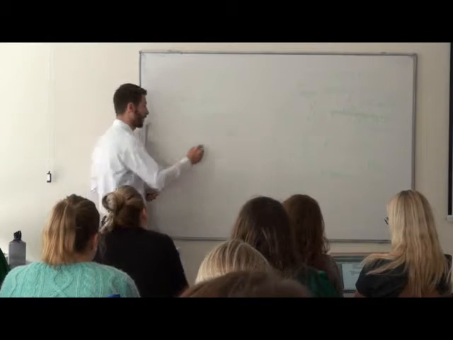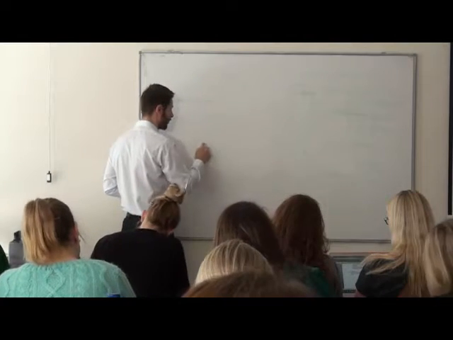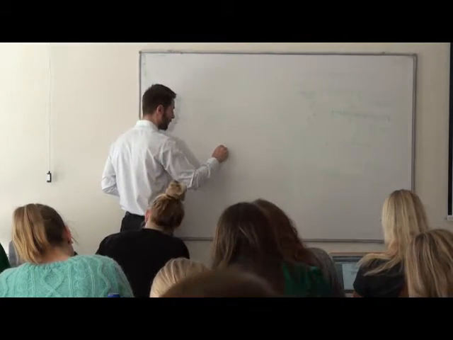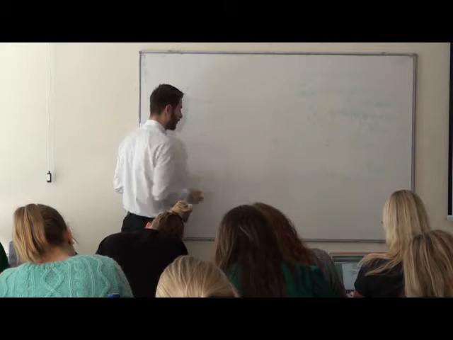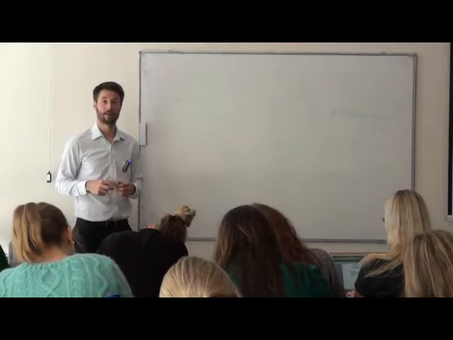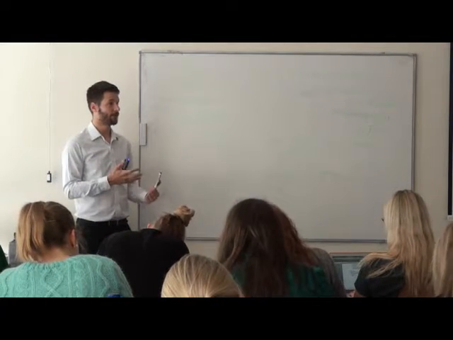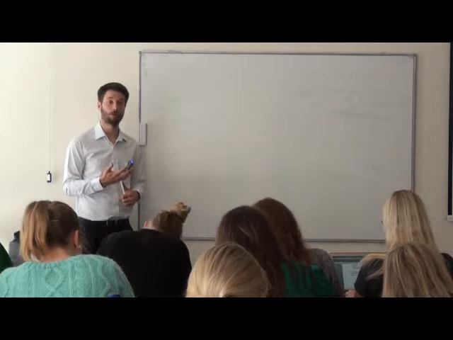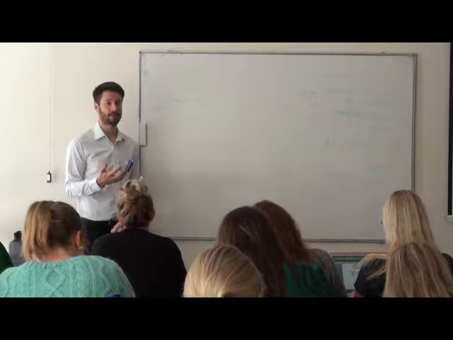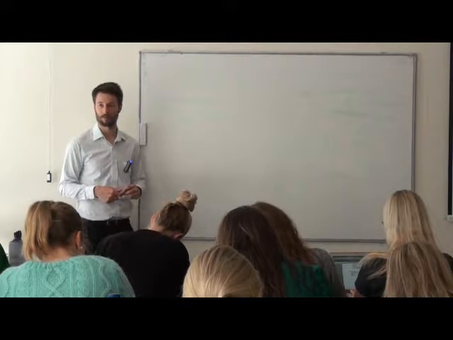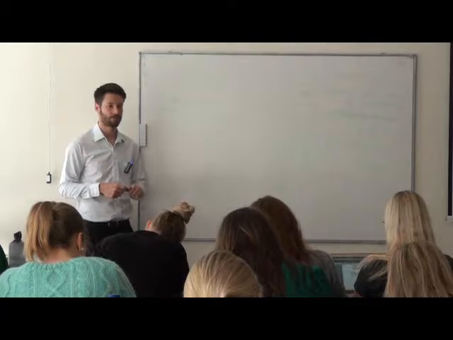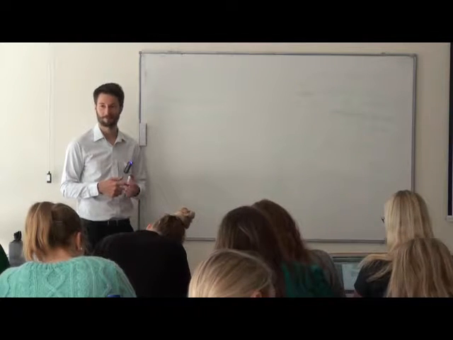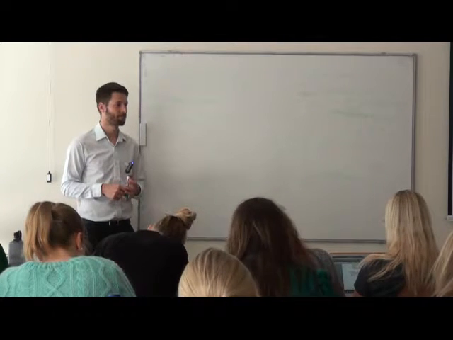Okay, biliverdin is then reduced to bilirubin, and bilirubin is then transported to the liver, and in the liver it's conjugated with glucuronic acid. Okay, you know glucuronic acid from xenobiotic metabolism and detoxification. No? Glucuronic acid?